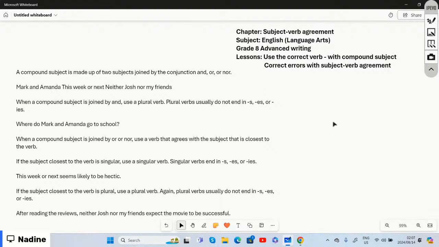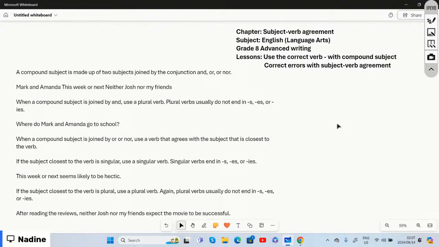All right. So when it comes to subject verb agreement, we see that within a sentence, your subject needs to agree with its verb. The subject being the person or thing that is doing the action, and the verb being the action that is being done.